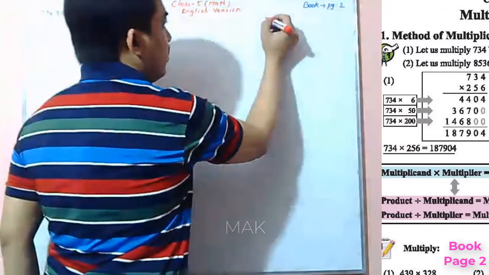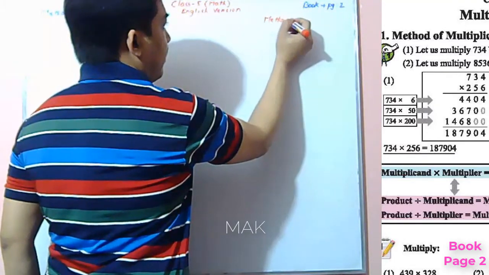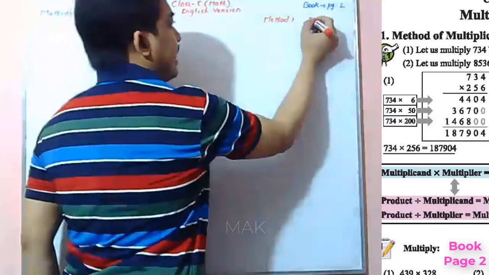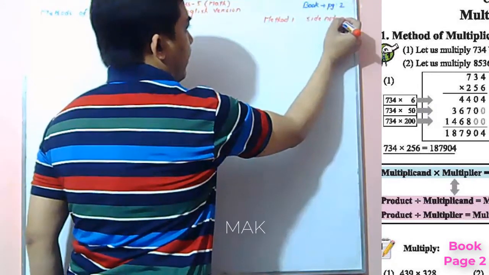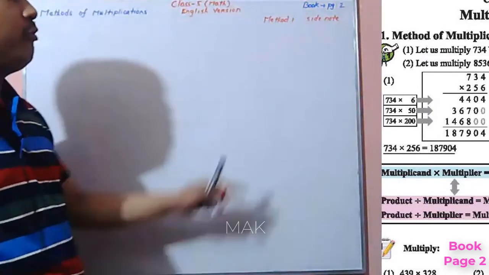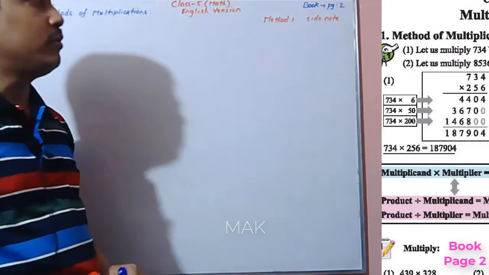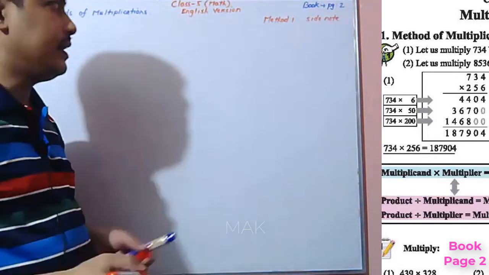So method 1, we are going to use side notes. If you follow the very first method, which is side notes, then you will be able to learn the methods of multiplication easily.